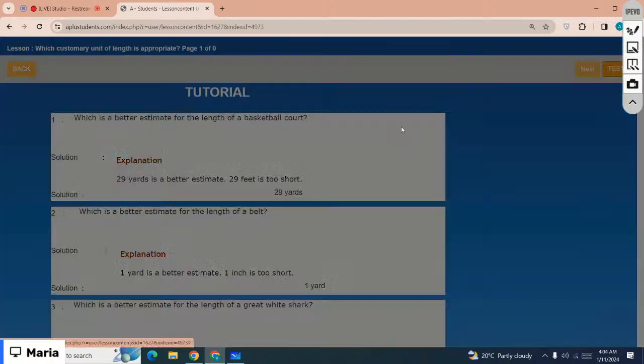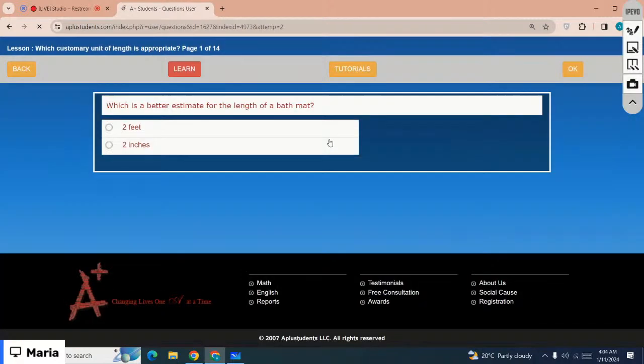Let's start with the test questions, because here you're not given the options. Which is a better estimate for the length of a bath mat, 2 feet or 2 inches? Inches is too small for a bath mat.